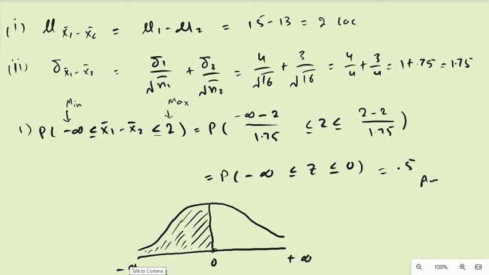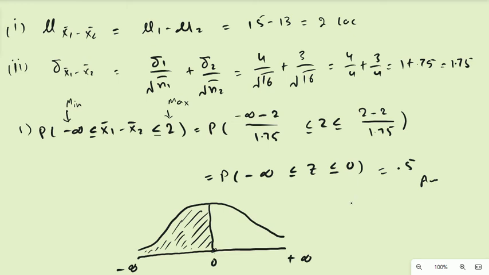From the basic theory of the standard normal distribution, this area is half, or 50% probability, or half the area under the curve, which is equal to 0.5. We do not need any table for this area, because it is 50% of the entire standard normal distribution. So the answer is 0.5, or 50%.